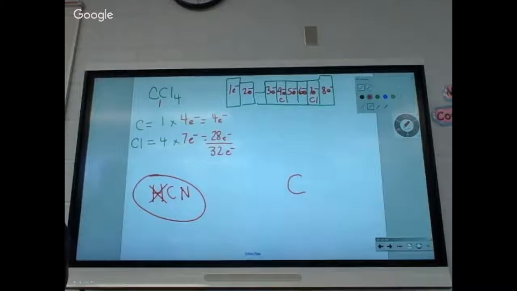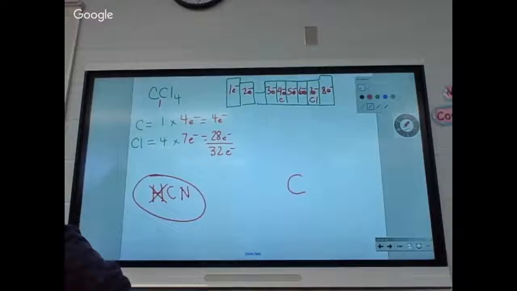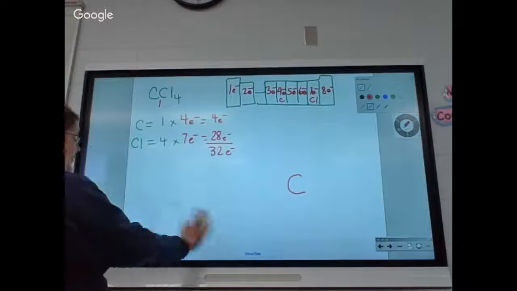I'm sorry, I was looking at you and lost my train of thought. If we had that question on the quiz later this week, who would you pick for the central atom? Who's farther left? The C. Are you with us now? Oh, my bad. Okay.